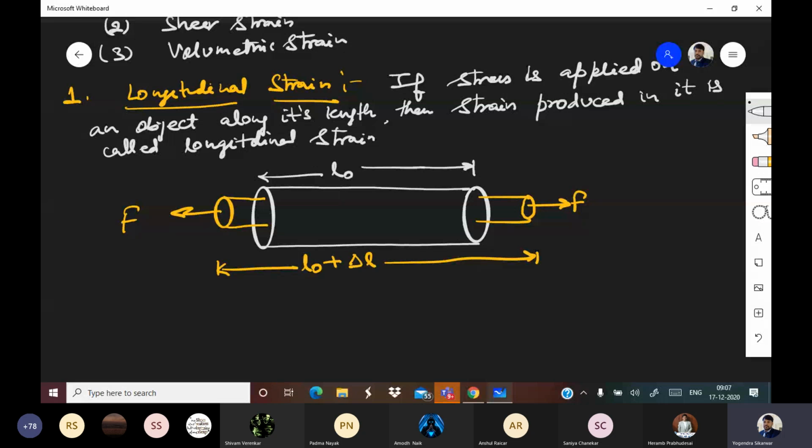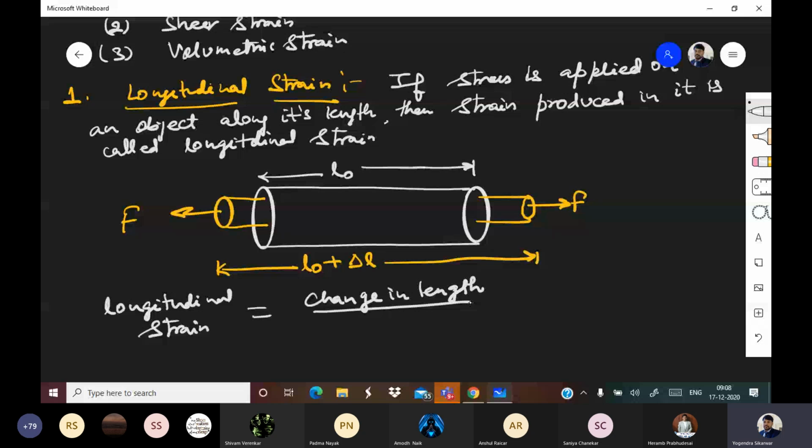Okay. So longitudinal strain will be change in length upon original length, or you can say initial length.